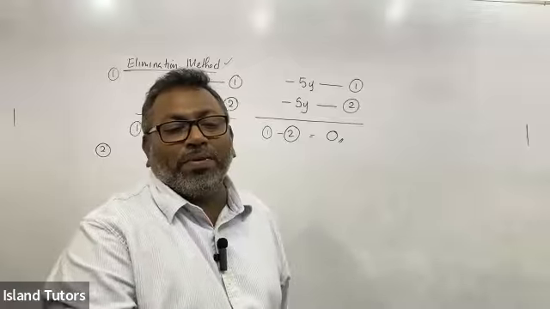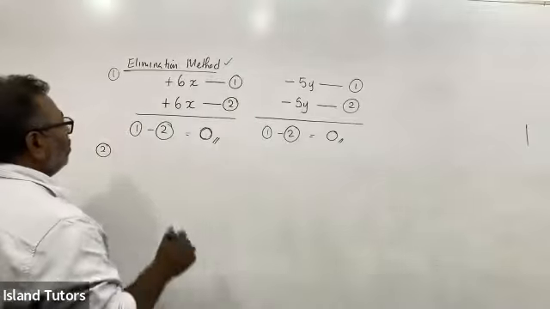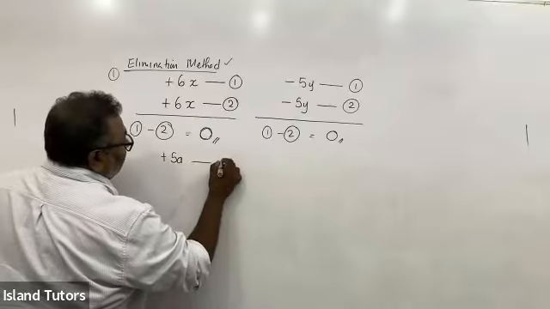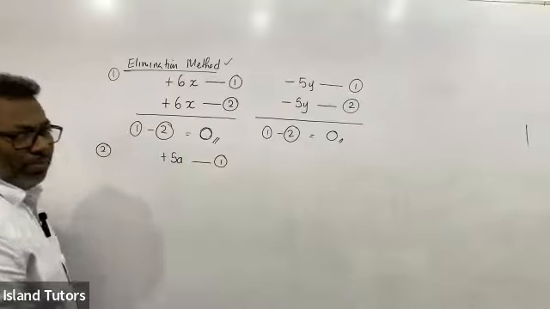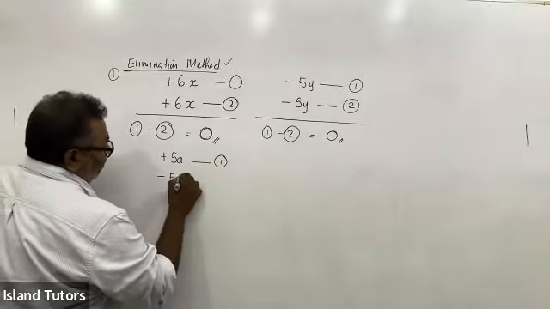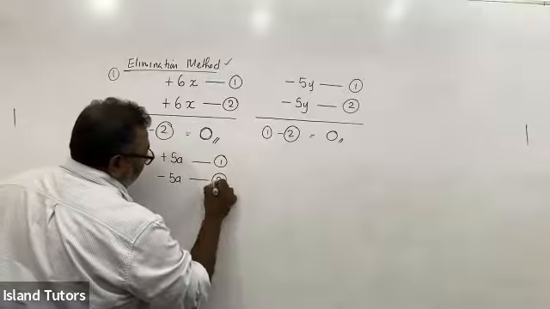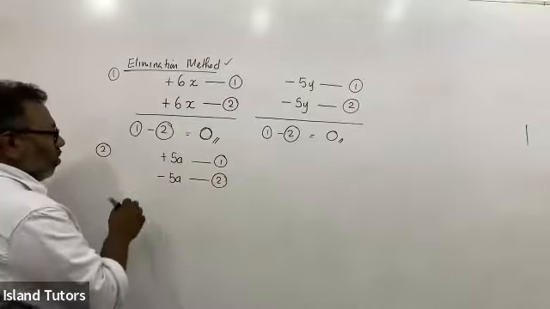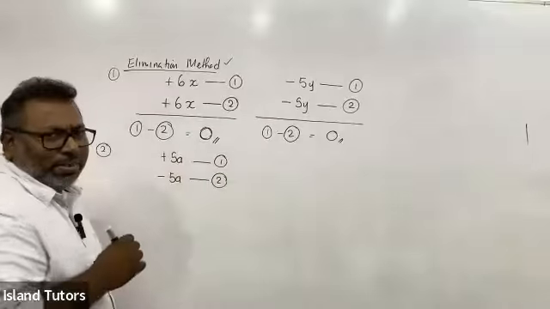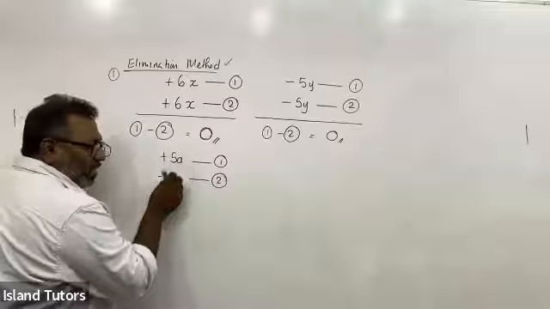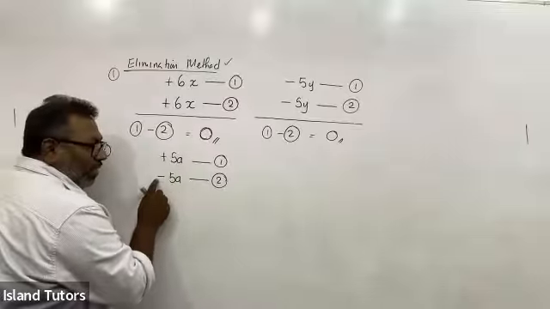Coefficients same, signs are different. So you have plus 5a, this is your first equation, and you have minus 5a, that's your second equation. Now remember directed numbers. Coefficients same, signs different.